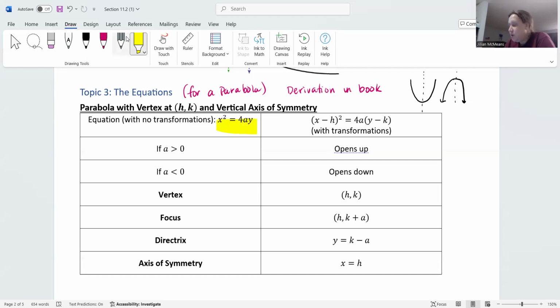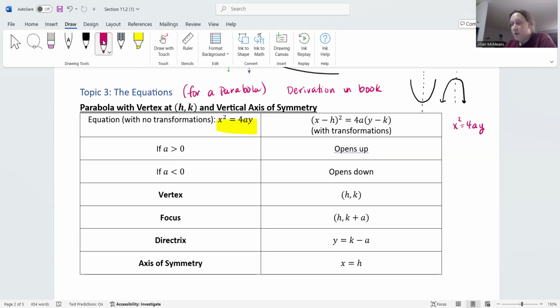Now, don't get too hung up about that, okay? So let's come over here and just think about it. If we had x squared equals 4 times some value a, and we know that value of a, remember it's the distance from the vertex to the focus or from the vertex to the directrix, that's what a is. So we have x squared equals 4 times a times y.